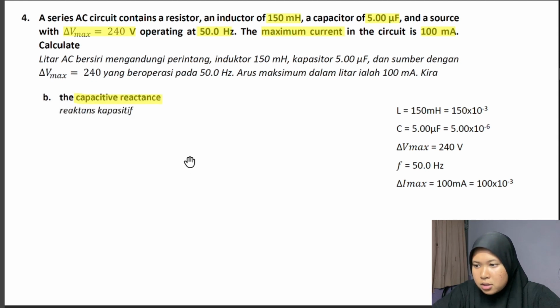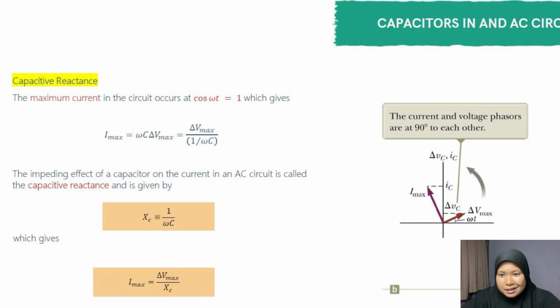The next question asks for the capacitive reactance. It is the same concept as the inductive reactance, but this question is about the capacitor while the first question is about the inductor.